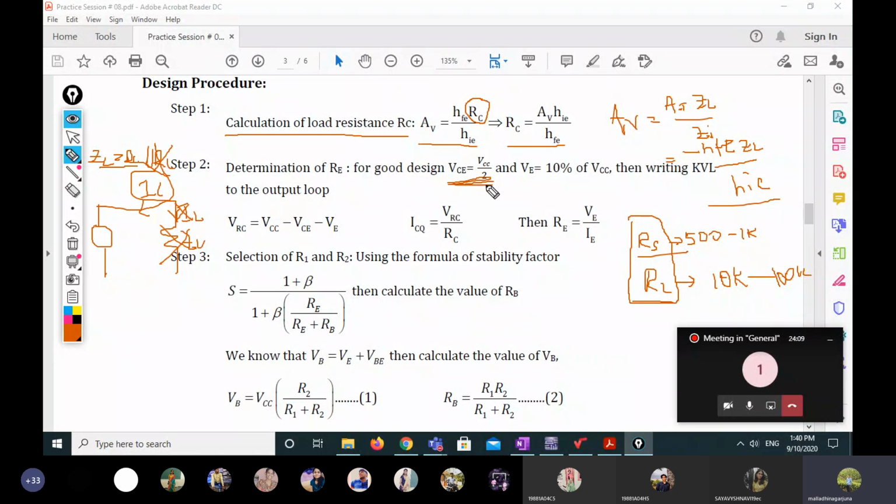Okay, so VCE should be 50% of VCC and VE should be 10% of VCC. So this is for good design. So VCE 50% of VCC, VE 10% of VCC. Okay, and see here, this is the one and this is the one, and then write KVL to the outer loop, the output loop.